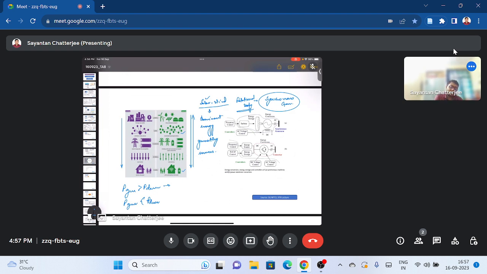Firstly, the sudden change would be restricted by the amount of energy stored in the rotational body. If the generation is more, that would lead to acceleration of the system, whereas if the generation is less, the demand would be more in those cases, and that would lead to a sudden drop in frequency.